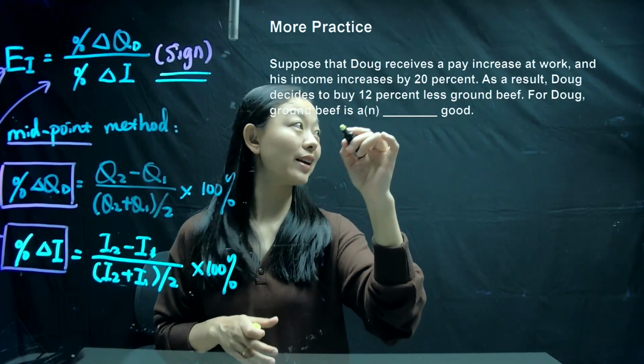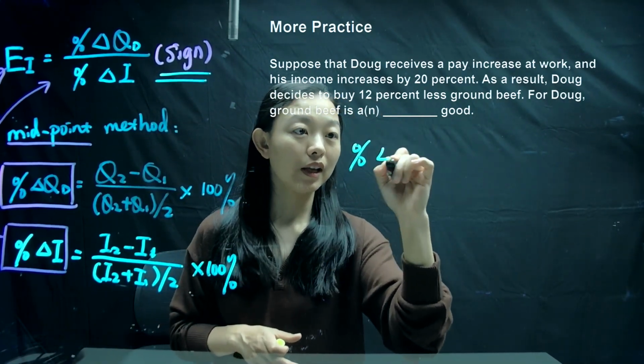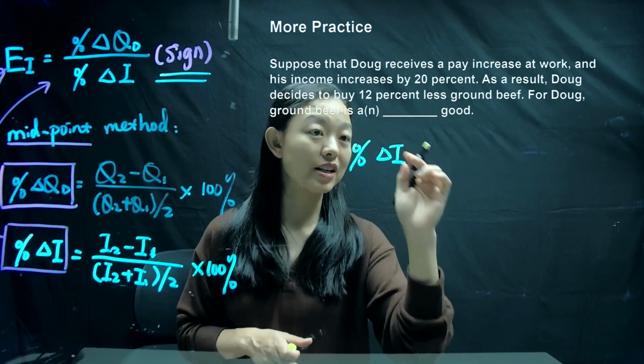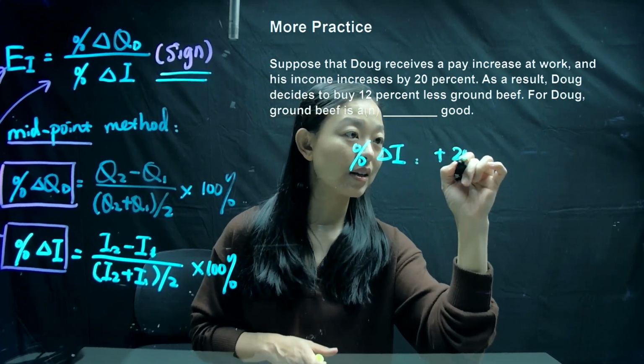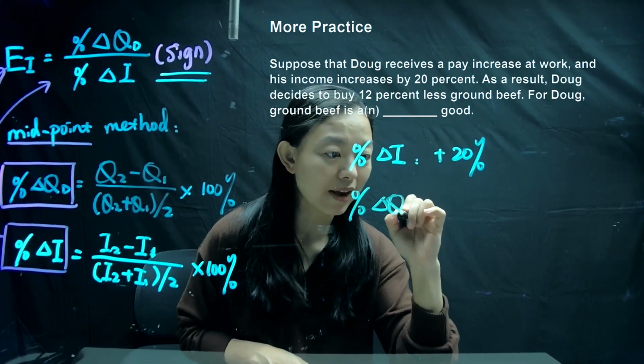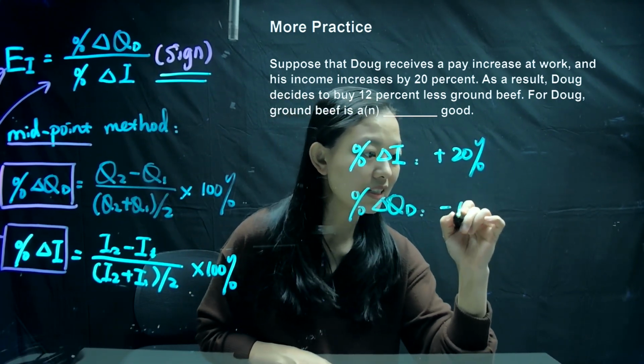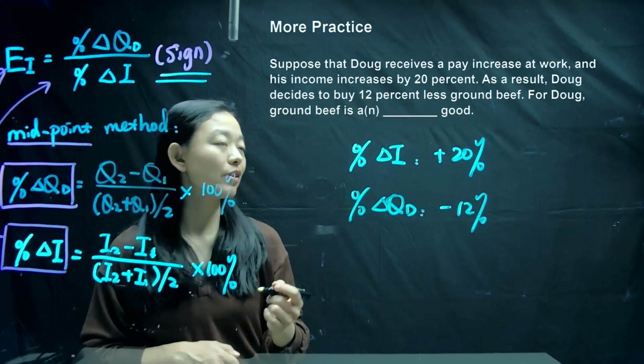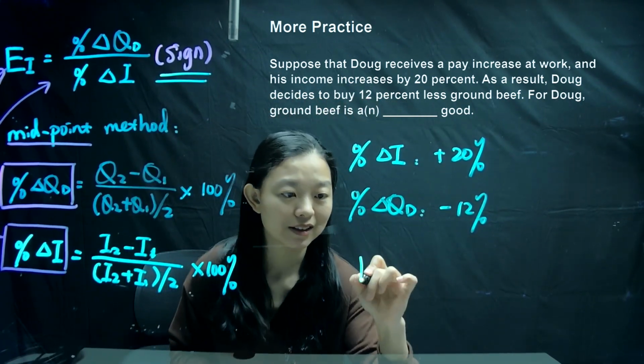So I can just write it down here. Percentage change in income is positive 20%, right? However, the percentage change in demand for ground beef is negative 12%, right? So can you compute the income elasticity?